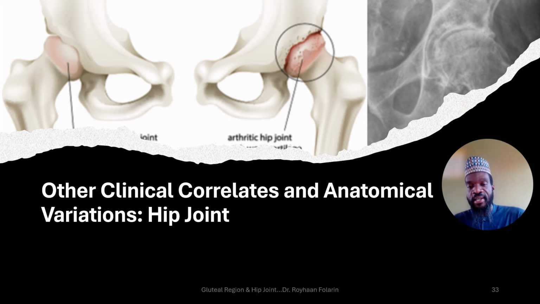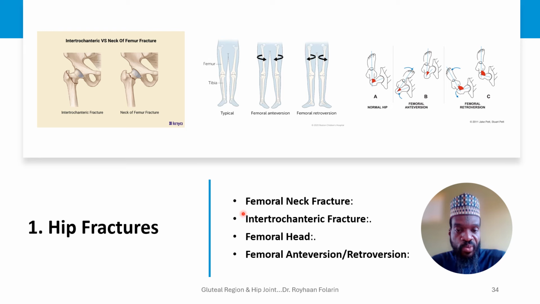Other clinical correlates that affect the hip joint. One of them is hip fractures, which could occur at different locations. One of the most common fractures in the elderly is actually the femoral neck fracture, especially in those with osteoporosis. And these fractures can disrupt the blood supply to the femoral head, leading to avascular necrosis, right?